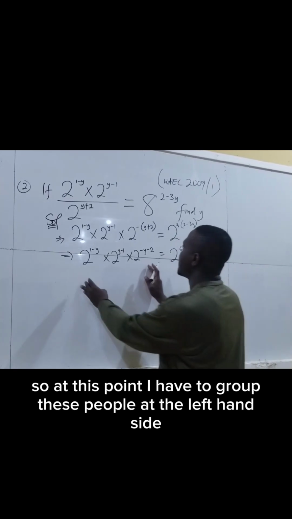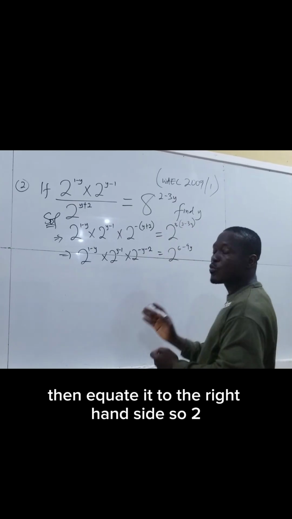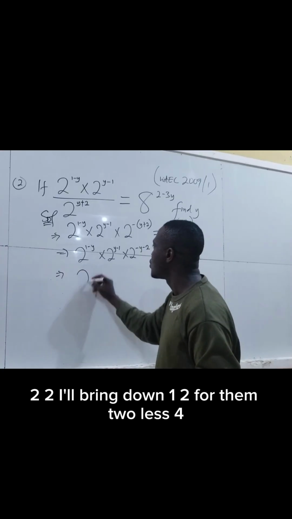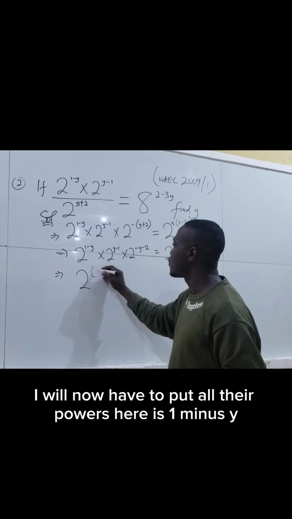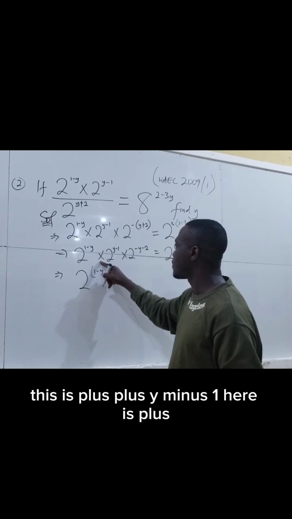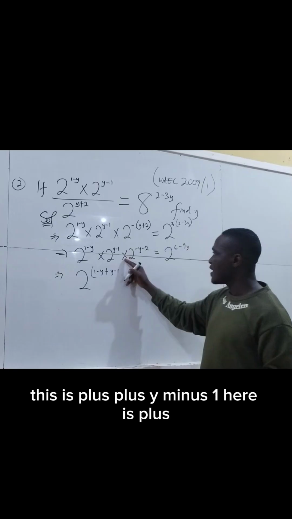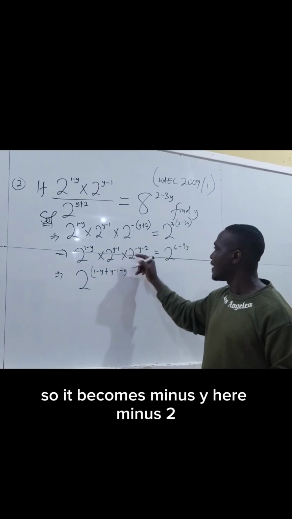At this point, I have to group these on the left hand side, then equate it to the right hand side. So 2, 2, 2, I'll bring down one 2 for them. 2 raised to power, I will now put all their powers. Here is 1 minus y, this is plus y minus 1. Here is plus, but here is minus, so it becomes minus y.